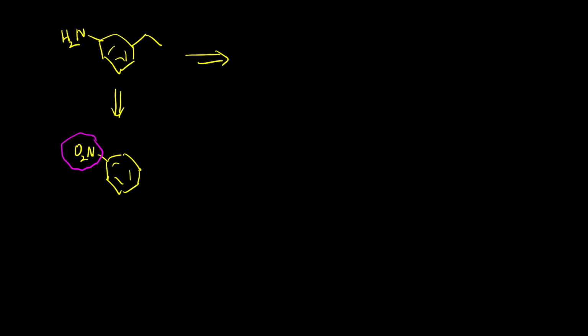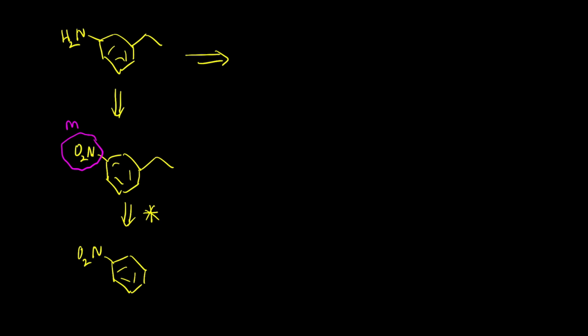You could decide that this would come from a nitro group, and this would be correct in the sense that this is a meta-director. And then you could think, well, you just stick on the ethyl group there.